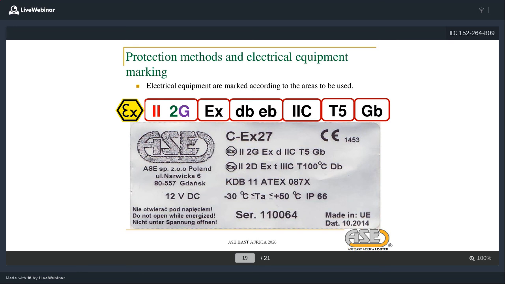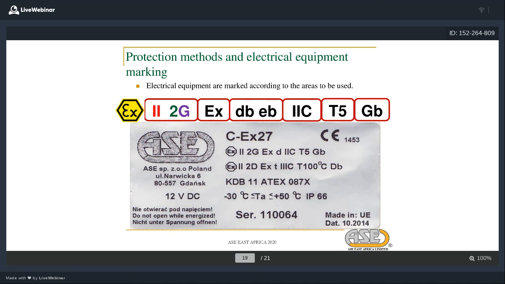When you talk about risk in explosion, it is about probability, or zones, and that is a different thing. We have dust, we have gas, vapor, and mist, and then we have fibers and flyings. So that is the difference.